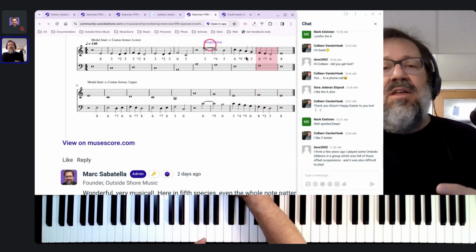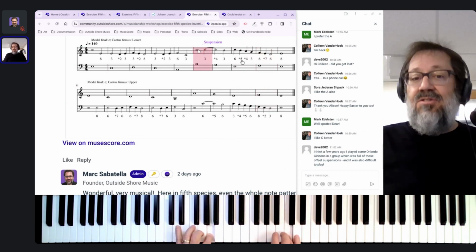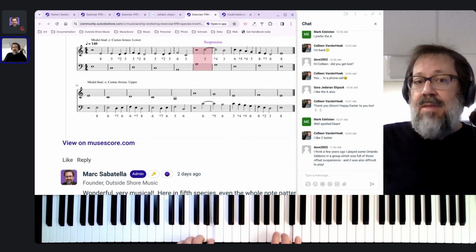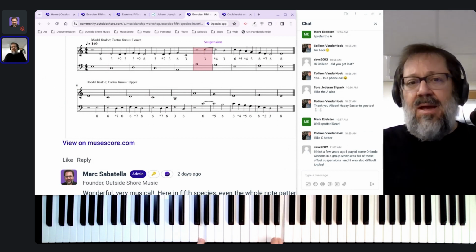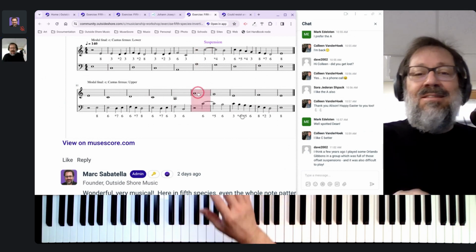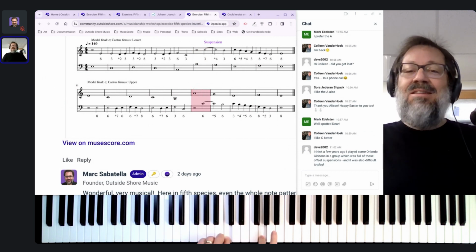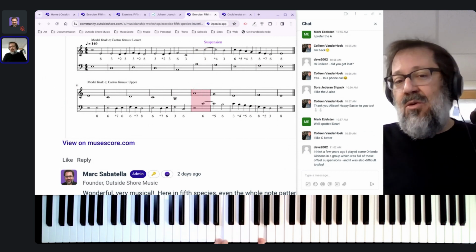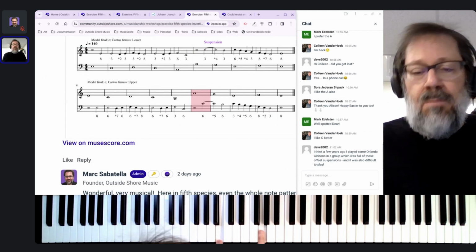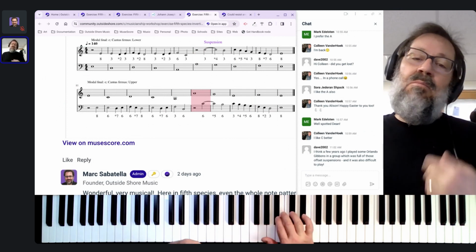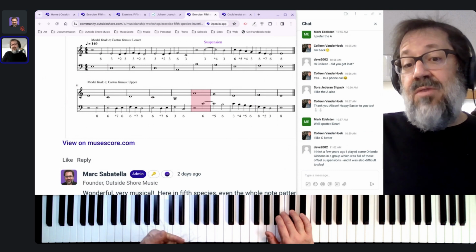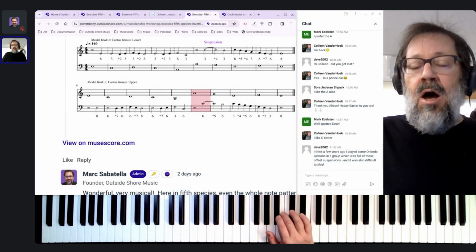Another interesting thing here is that 4-3 suspension isn't as interesting flipped upside down, because now it's just a fifth going to a sixth. There's no dissonance anymore.